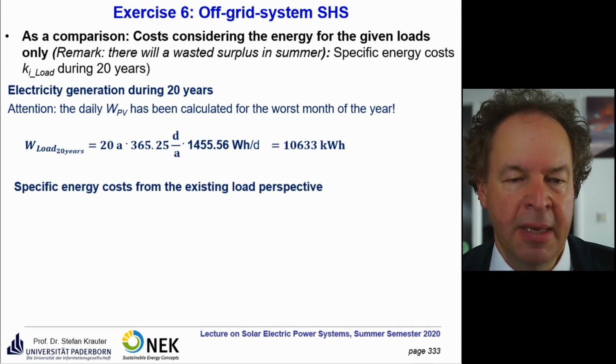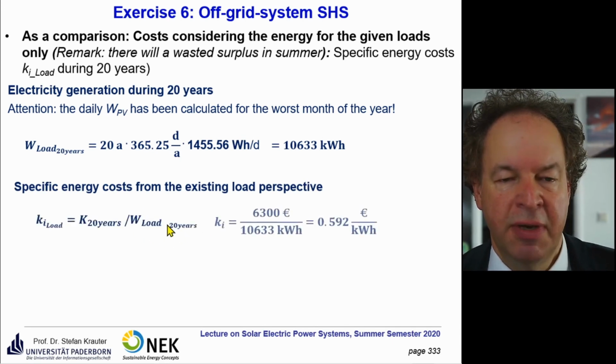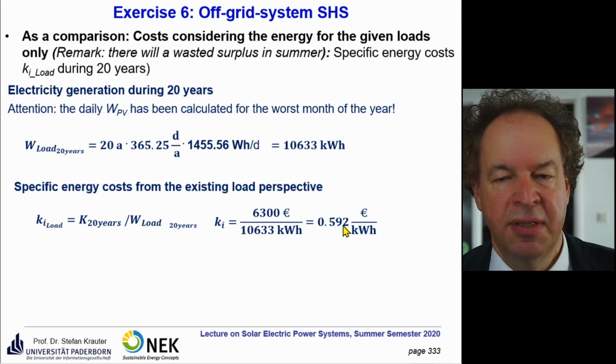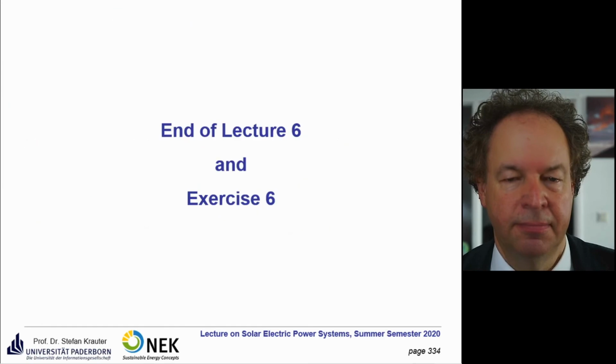And with this, we have the investment costs and the load during 20 years, and that is our result. So, considering the existing loads, we have 59.2 euro cents per kilowatt hour. That's almost double as expensive as electricity from the grid in Germany. Thank you very much.